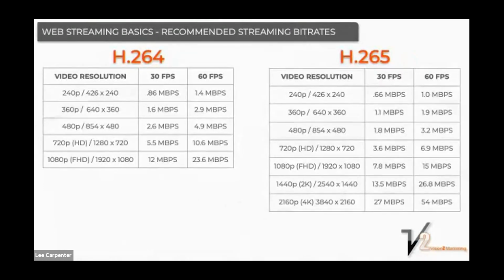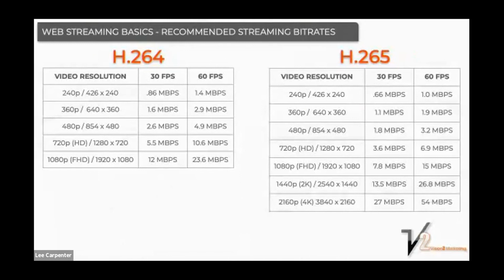These are some of the bit rates for the different types of codecs that I mentioned, H.264, H.265. And you can see between these two different platforms and between the two different frame rates, how much bandwidth, or excuse me, bit rate can be varied, right? So it requires a lot heavier of a bit rate to get 60 frames than it does 30 frames from a lot of these.